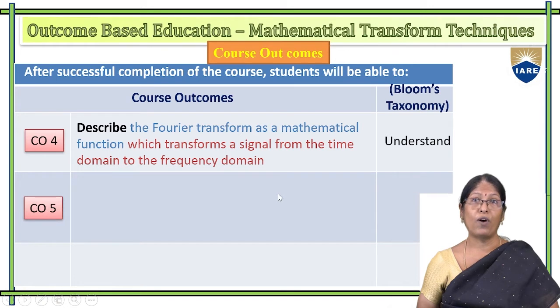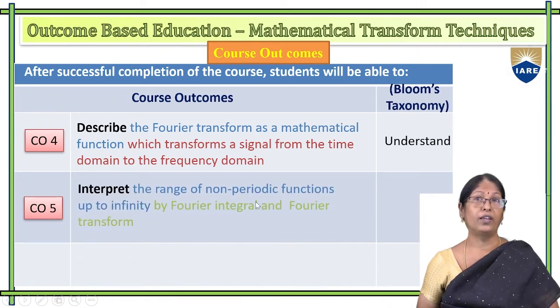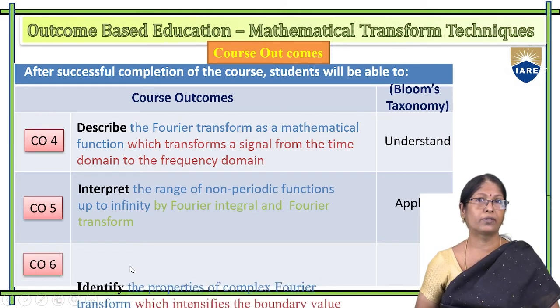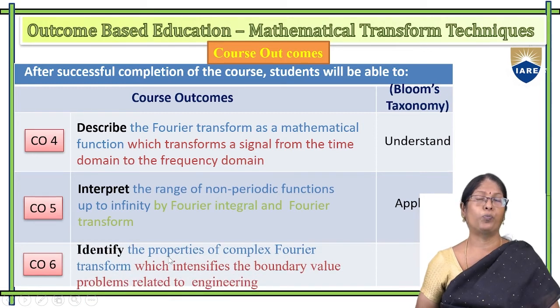And CO5 is interpret the non-periodic functions, to gain how we are going to assess by Fourier integral and Fourier transform. Here, apply. Here CO6, course outcome 6, identify the properties.